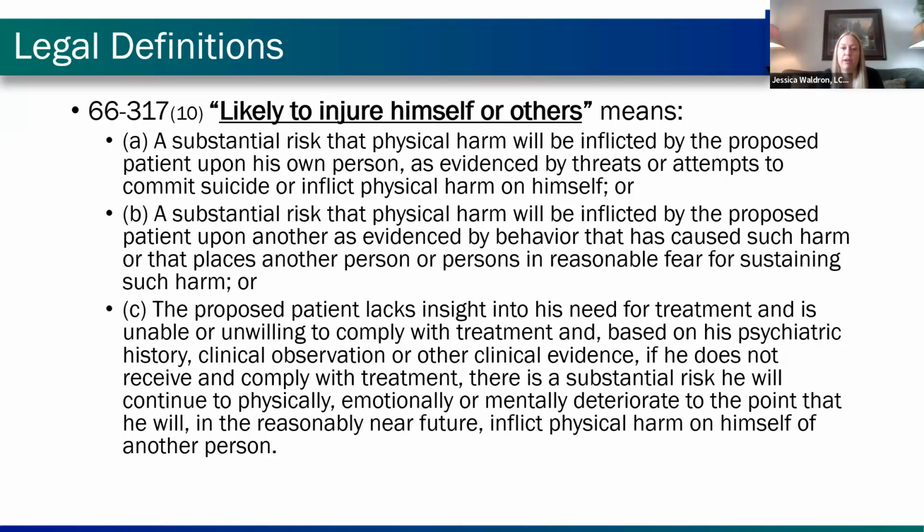But now, if the individual has a history, and we know that when A, B, and C happens, that person becomes violent, that allows us to intervene a little more proactively and not have to wait.